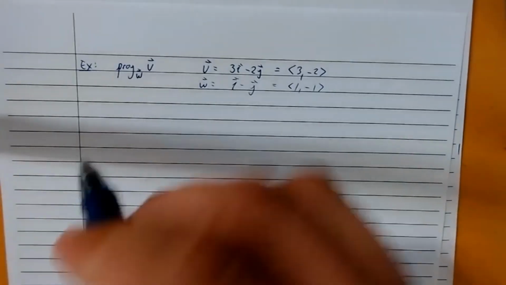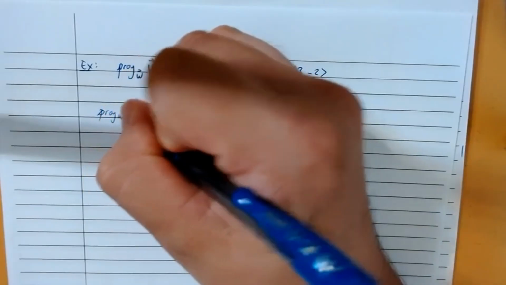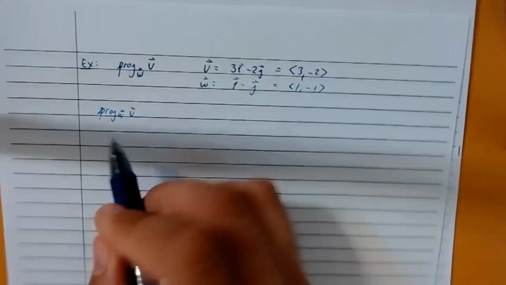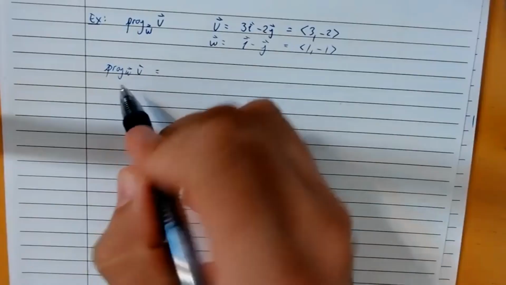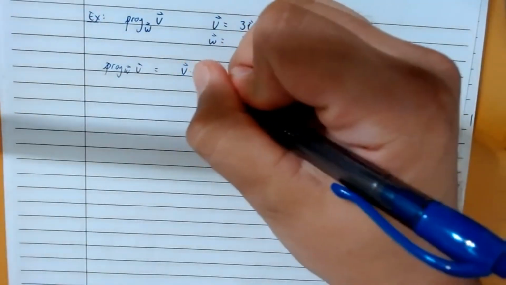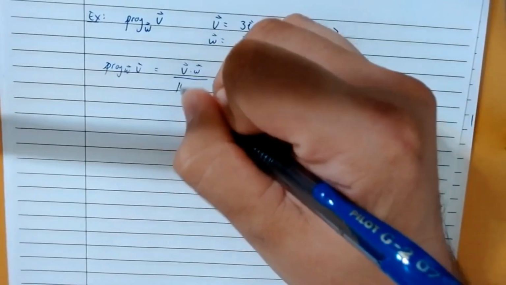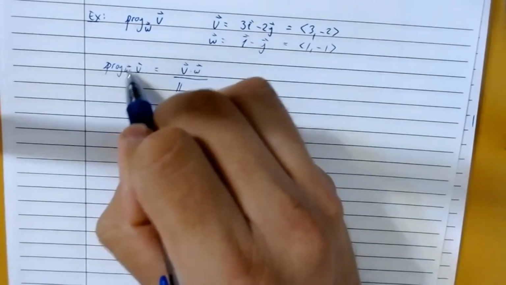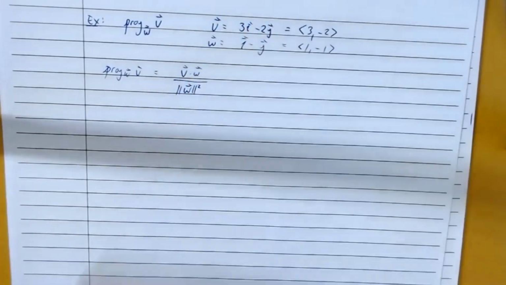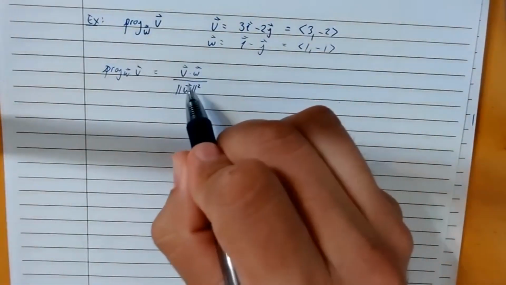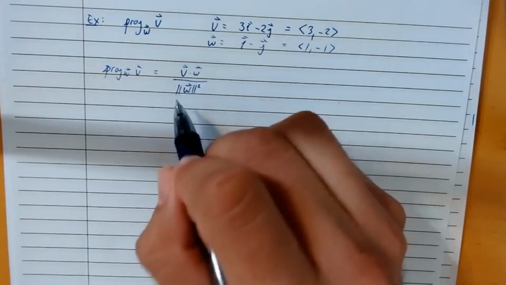All right, as we see, if you're projecting one vector onto another, we take the dot product of those two vectors, v dot w, divided by the square of the magnitude of the vector you're projecting onto, so the square of the magnitude of w, and that whole thing is a scalar. The dot product is a scalar, the magnitude is a scalar, and a scalar divided by a scalar is a scalar.